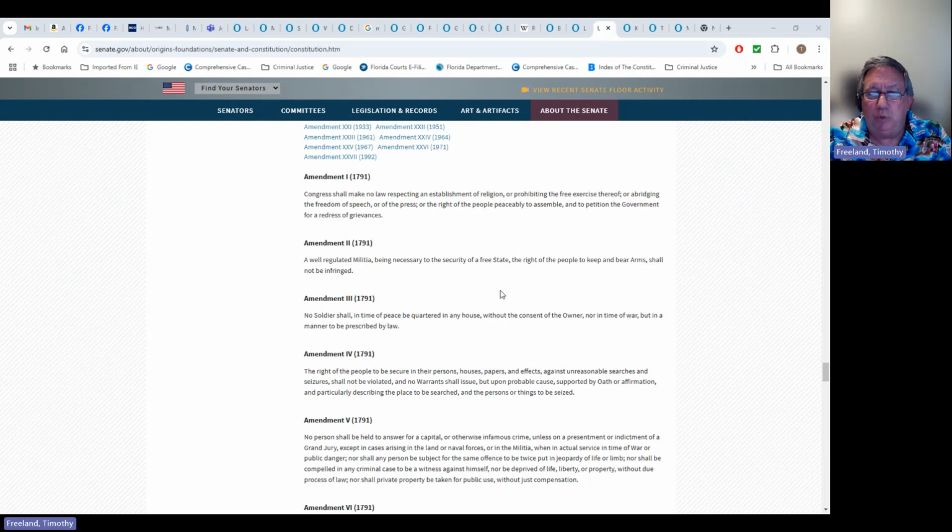And so that's what that language means, a well-regulated militia being necessary to the security of a free state. People were entitled to keep and bear arms because they might be called upon to do their militia thing and go arrest somebody who had committed an offense of some kind.